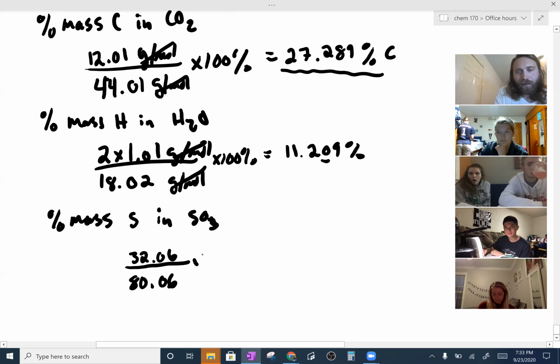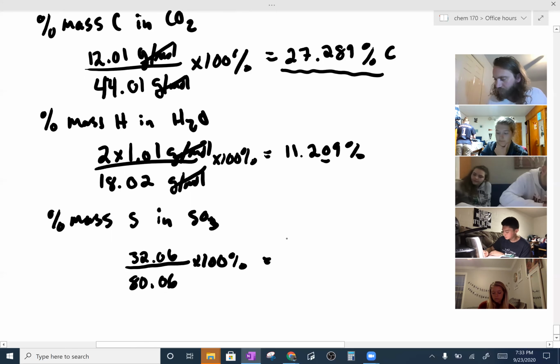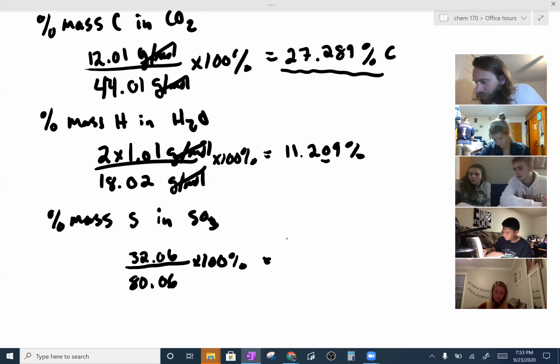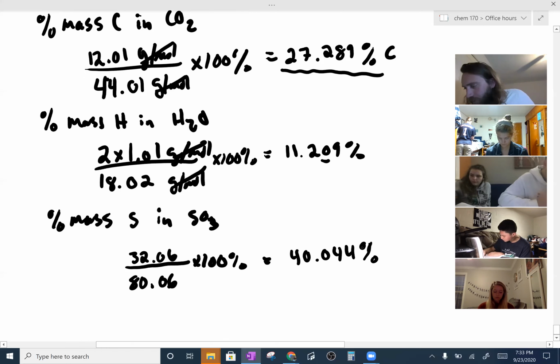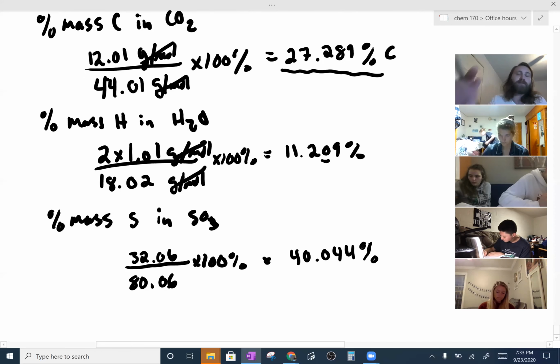Okay, then we multiply this by 100, and we get 32.06 divided by 80.06, and that is equal to 40.04% sulfur by mass.